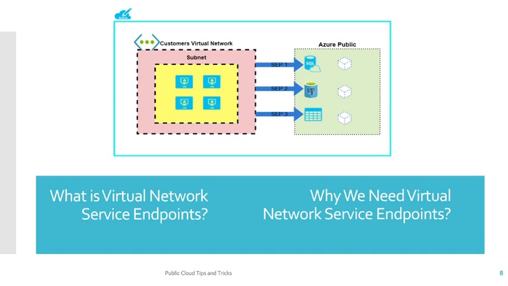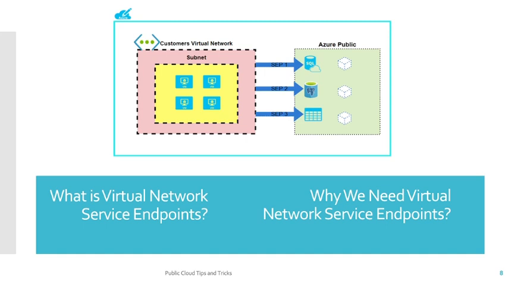So what is a virtual network service endpoint and why do we need it? A virtual network service endpoint provides secure and direct connectivity to Azure services over an optimized route over the Azure backbone network. Please focus on this point: over the Azure backbone network. We will compare this point when we discuss Azure private endpoint.